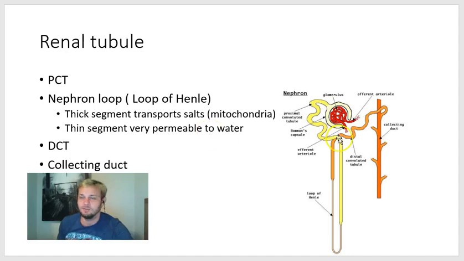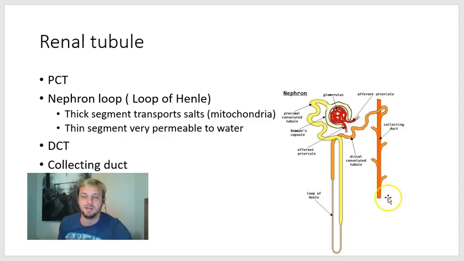Then we go down to the loop of Henle, or the nephron loop. And you're going to see you have this thick segment and a thin segment. The thick segment is where you're going to get a lot of salt transport, and so you're pumping out a bunch of salts that you want to keep in your body, so you don't want to get rid of.